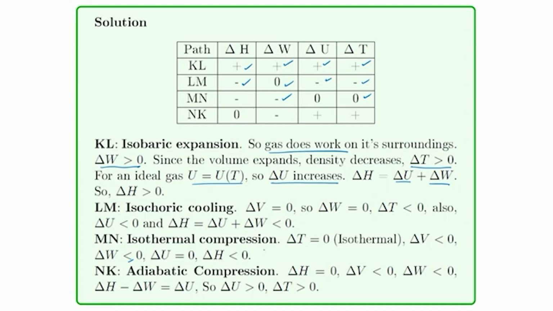Then the adiabatic compression corresponds to delta Q equal to 0, and delta V is less than 0. Delta W is less than 0 because it is a compression and the volume goes down. And then delta U would be greater than 0, and delta T is greater than 0 as well.